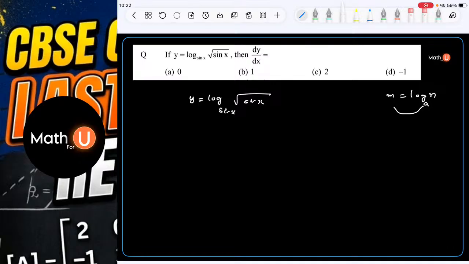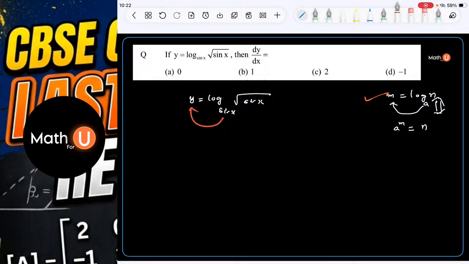If you take the base a to this side, it becomes a raised to the power m, that is equal to n. It can be rewritten like this. You can apply this directly, and if you differentiate dy by dx, no problem, but I will use this property.